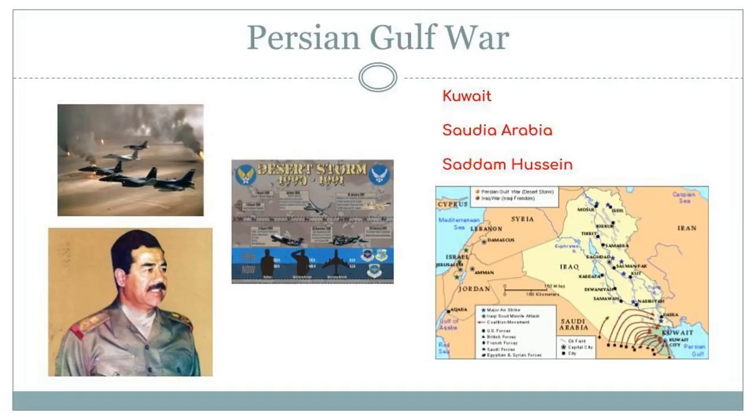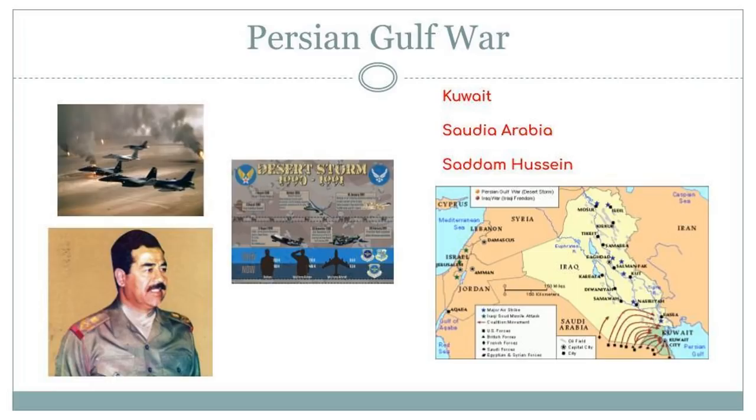So President Bush is going to work through the United Nations to coordinate an alliance of 28 countries that took military action against Iraq after Saddam refused to withdraw back across the Iraqi border. The war lasted only 42 days, and it resulted in the liberation of the country of Kuwait.